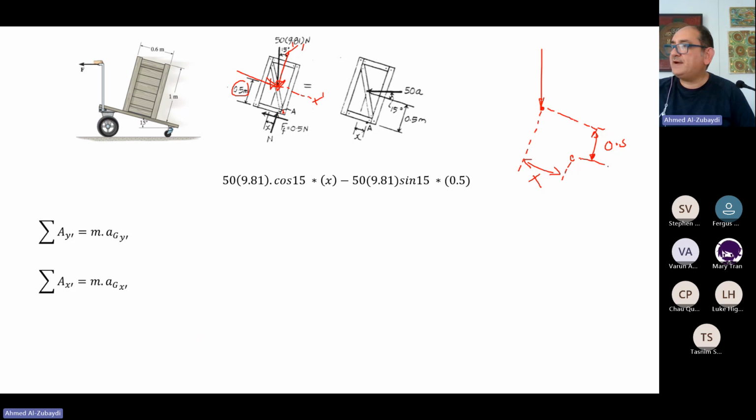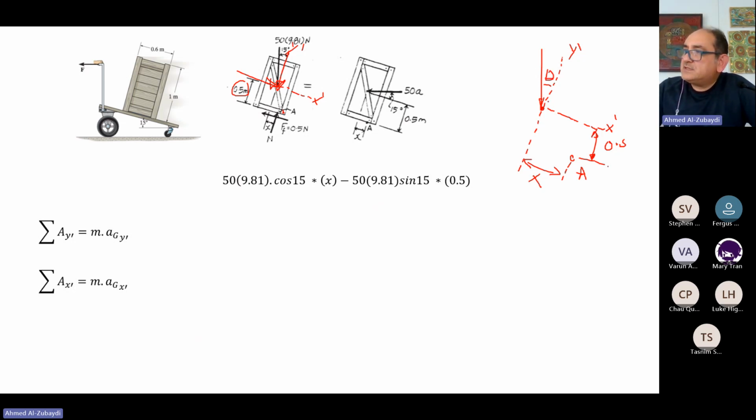Thus, if I would like to find the moment around the point A, simply I'm going to do the following. I will choose this as my y prime axis, and this as my x prime axis. Thus, that's theta, which is 15 in this question.